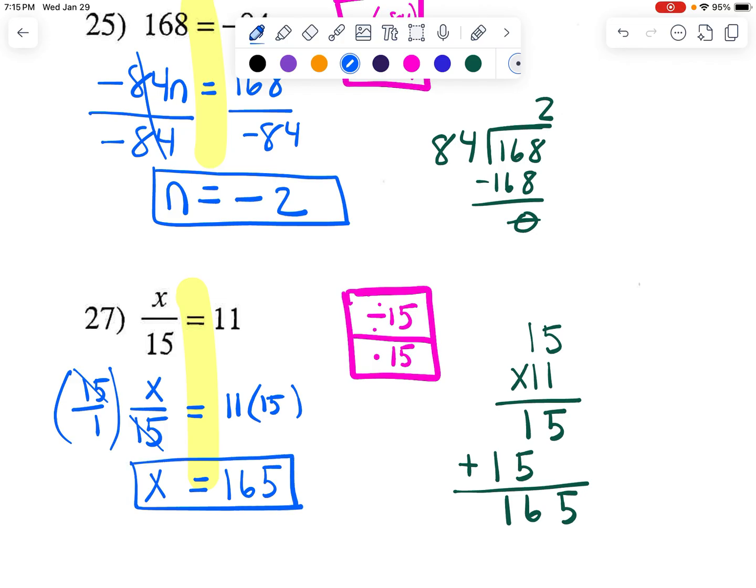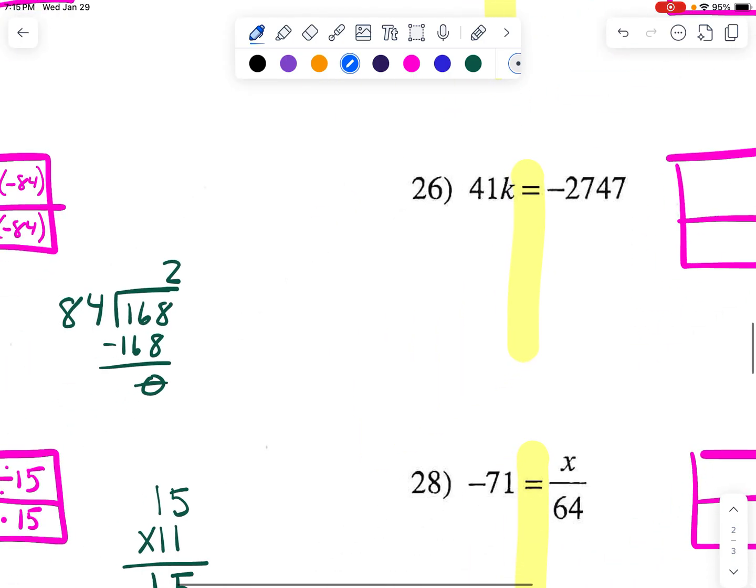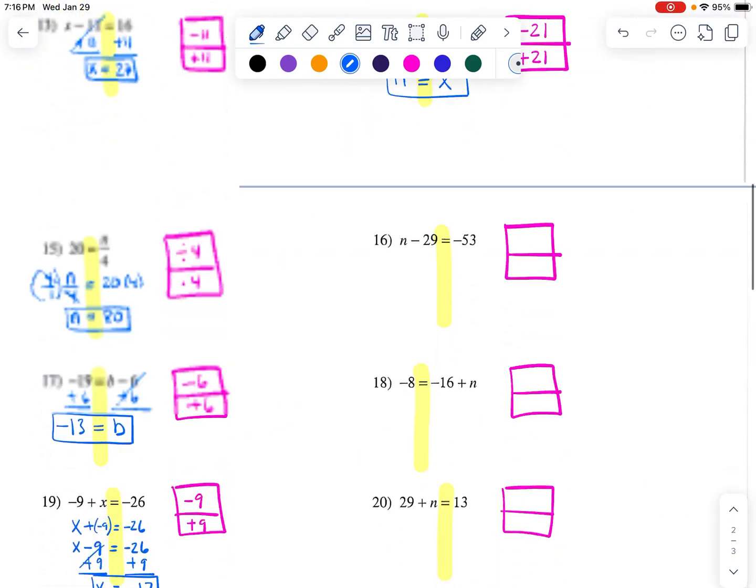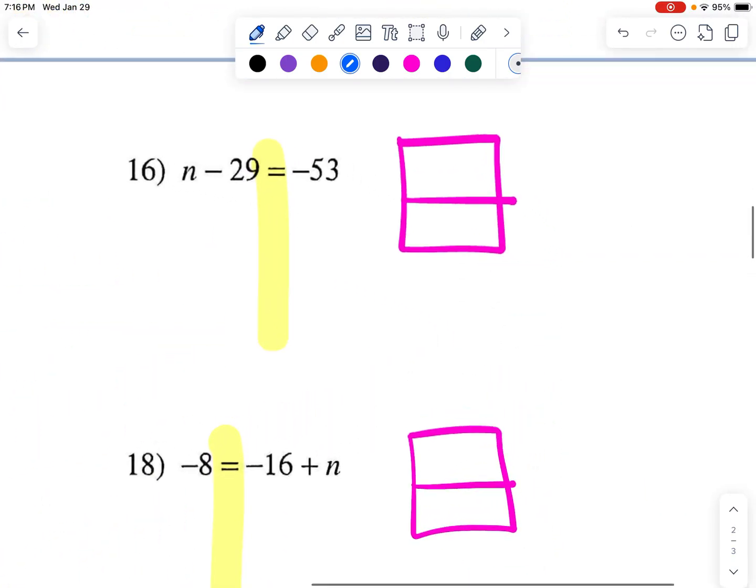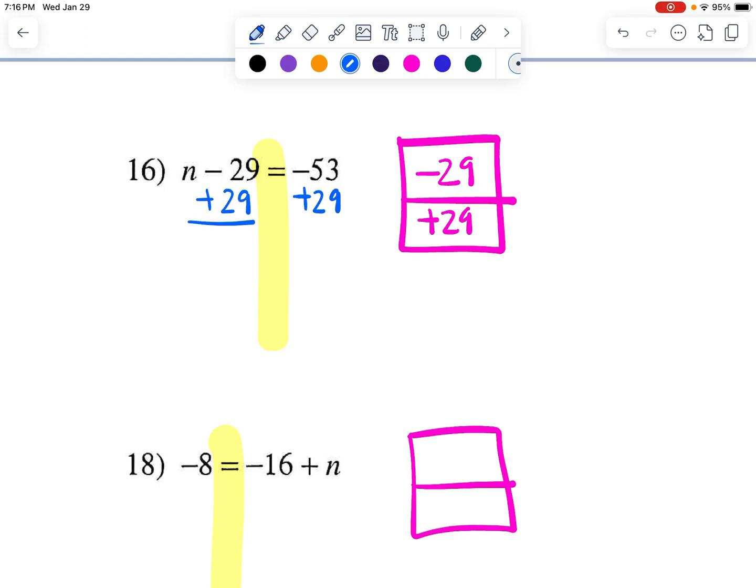All right, now the evens. Let's go to the evens. Okay. So, n is being subtracted by 29, so we add 29. So I have add 29 to the left, add 29 to the right.